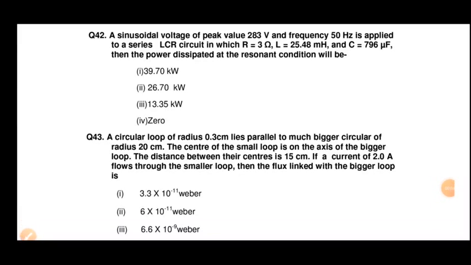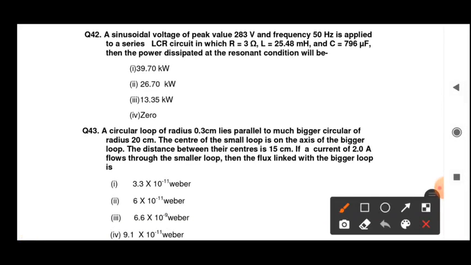The next question: a sinusoidal voltage of peak value 283 volt and frequency 50 hertz is applied to a series LCR circuit in which R, L and C are given. Then the power dissipated at the resonance condition is what? In an LCR circuit we have to find the power dissipated.